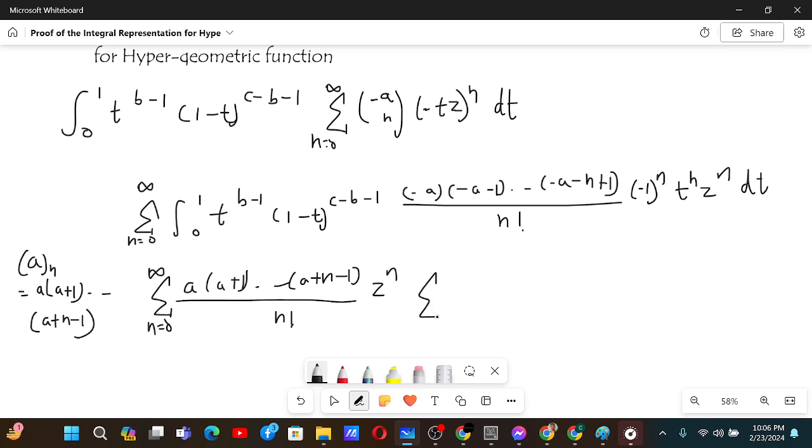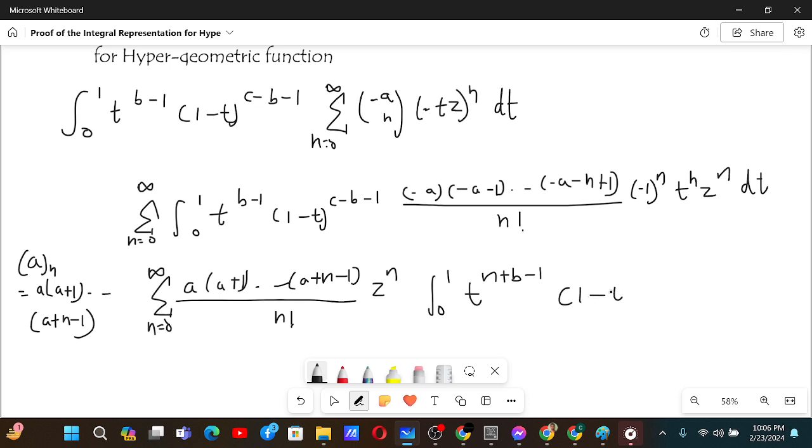Now integral from 0 to 1. So we have t to the power n plus b minus 1 times 1 minus t to the power c minus b minus 1 dt.